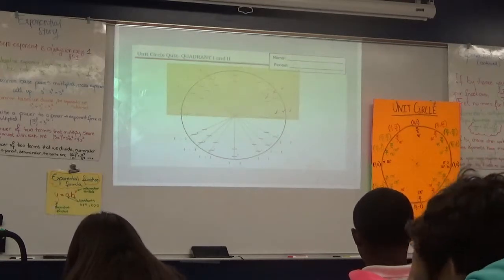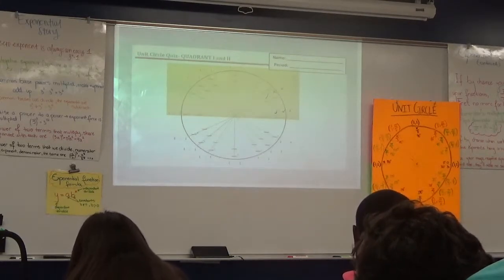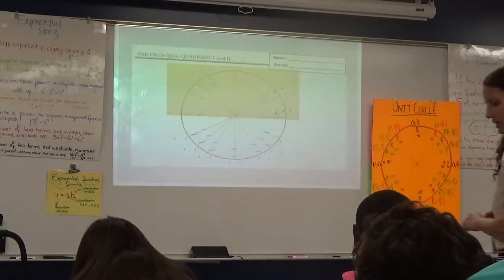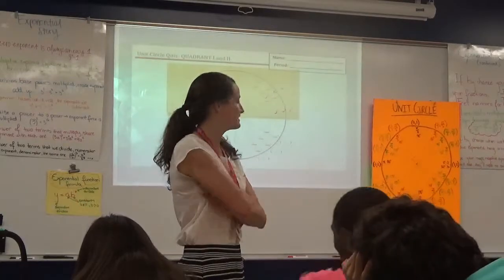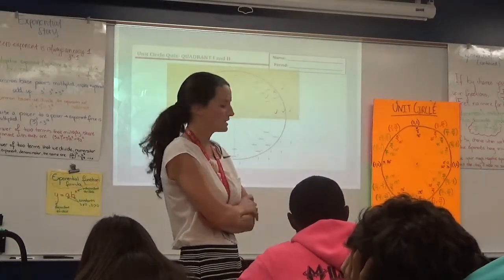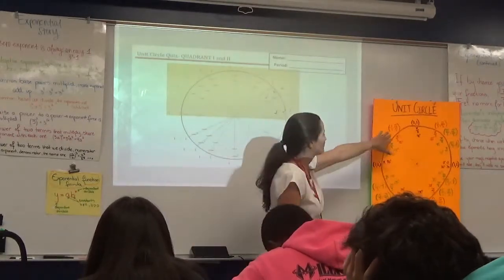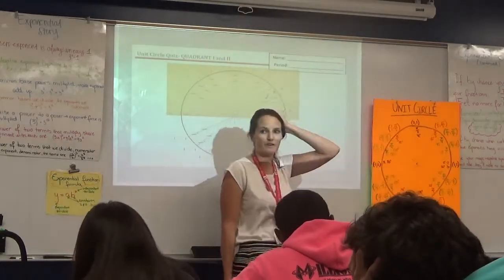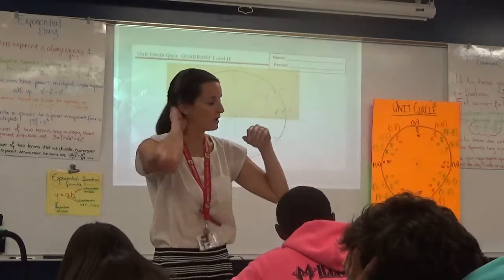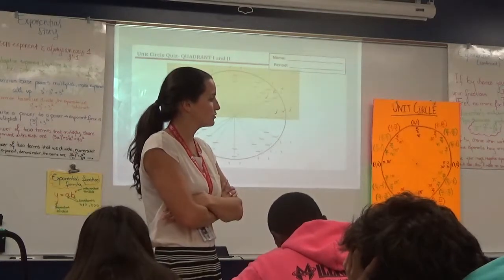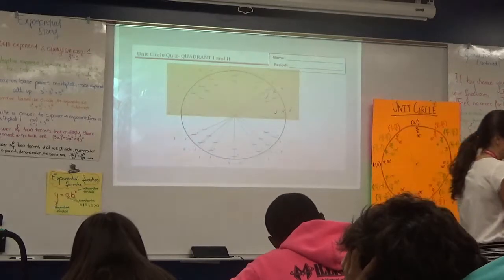Up next, we are into quadrant 2, different than yesterday for the first time. 120 degrees, 2 pi over 3, it's 2 of the pi pieces. And that point is negative 1/2, positive root 3 over 2. Make sure you have the little negative on the x value. Next up, 135 degrees, 3 pi over 4, negative root 2 over 2, positive root 2 over 2.